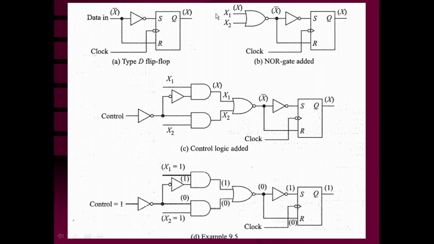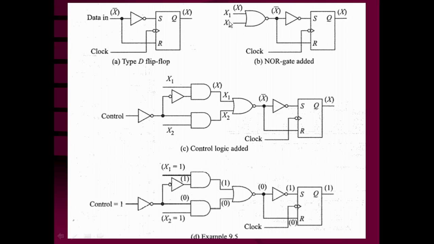If you want to enter the data through X1, then X2 should be grounded, and data present at X1 is going to be inverted by this NOR gate. So X data, which will be 1 or 0, will be inverted through this NOR gate when X2 is grounded, and that is going to be available here. Again it is going to be inverted. That means this X data is going to be shifted into the flip-flop on a negative transition of the clock pulse.